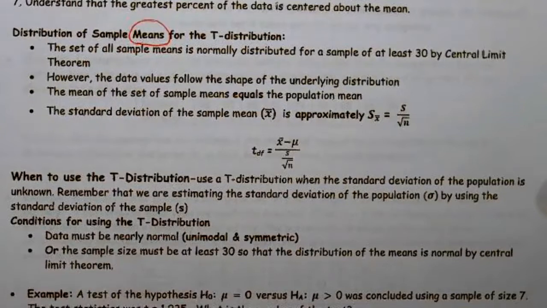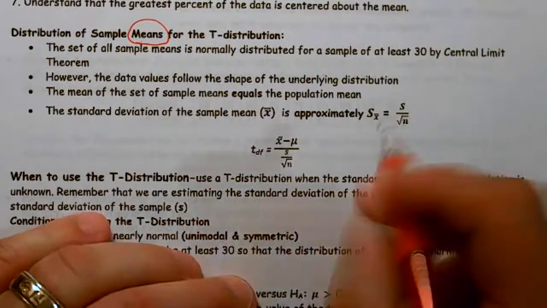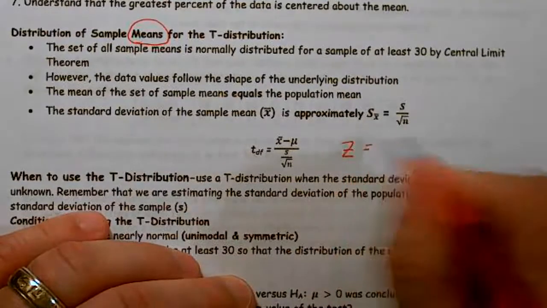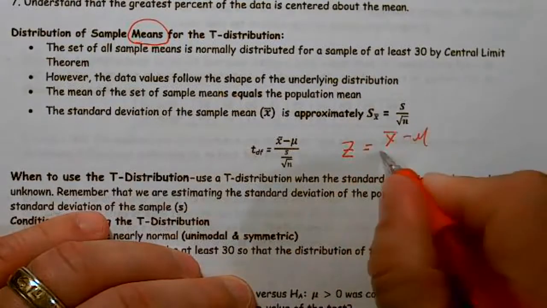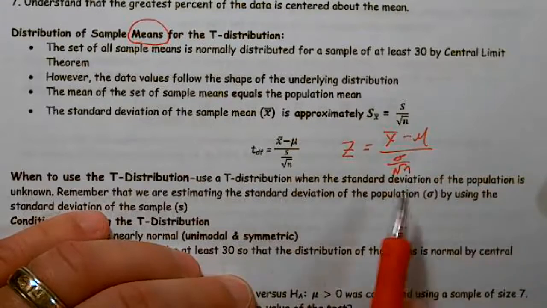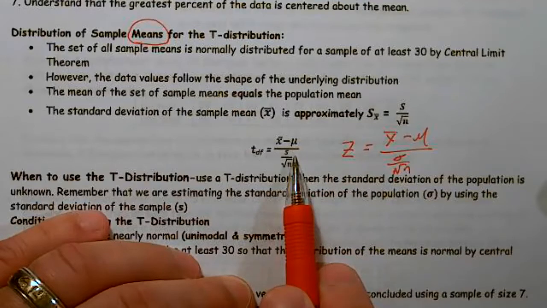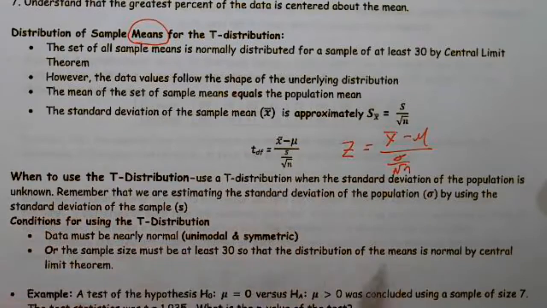And once again, the reason you use it as opposed to the z-distribution, which looks very similar in formula, is the formula for the z is going to look like z equals x bar minus mu over sigma divided by square root of n, is because here I had the population standard deviation, and for a t-distribution I did not. Okay?